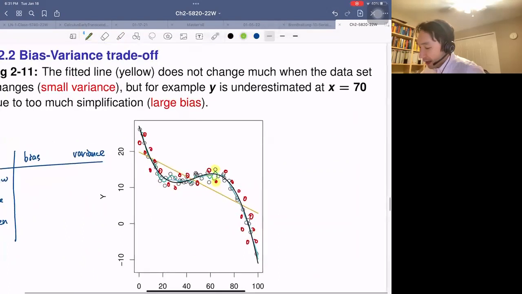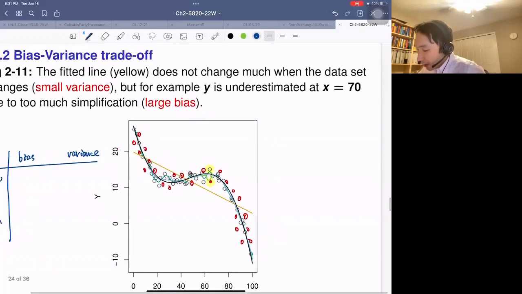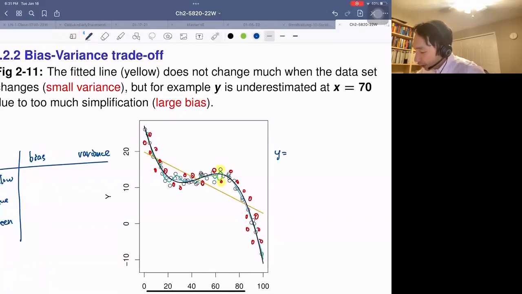And maybe it's a little bit hard to distinguish the yellow and the blue one. That's true. But if you think about the equation, the yellow one is this, right? And the blue one is a cubic curve, so this one, right? So if you fit several linear regressions, then if we have more parameters, it's more unstable.